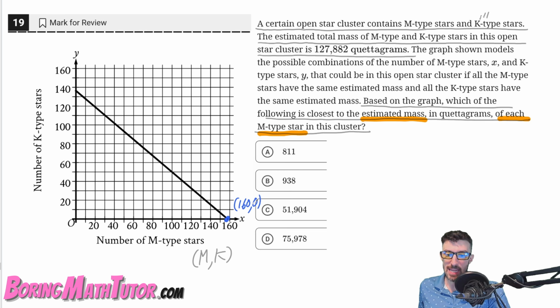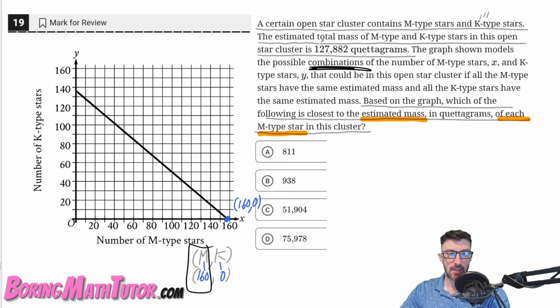Now, that is important because it means that you would have 160 M, but then 0 of the K.